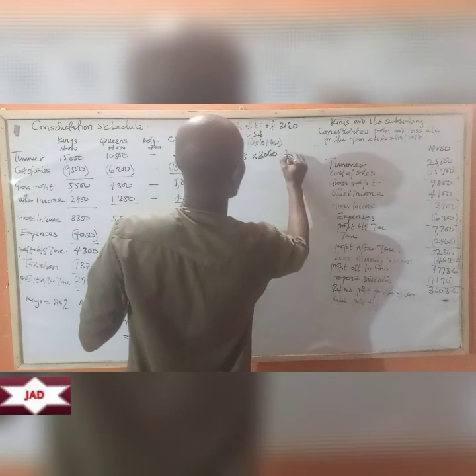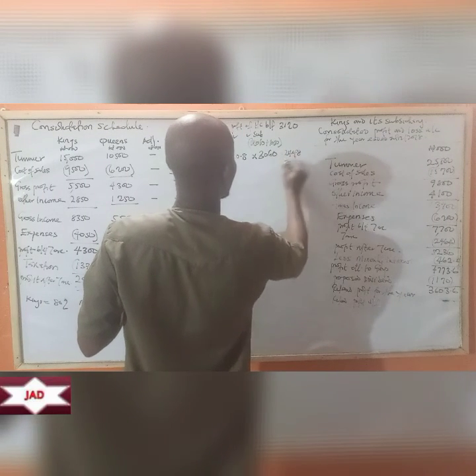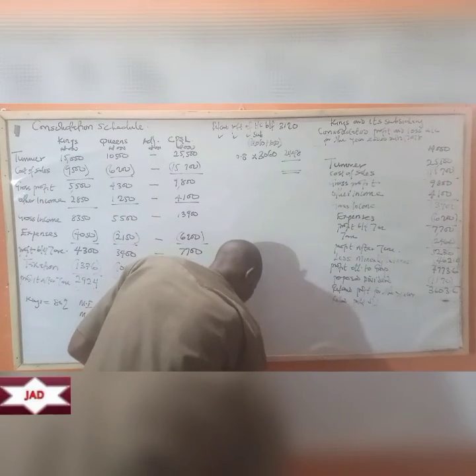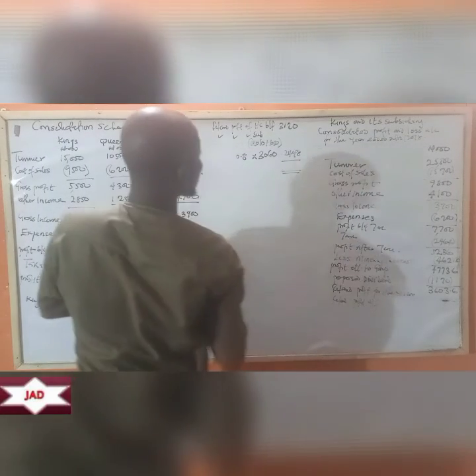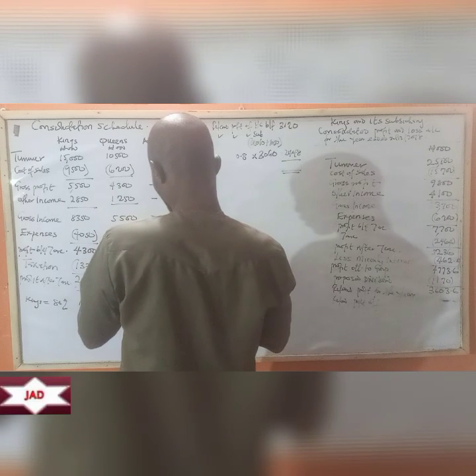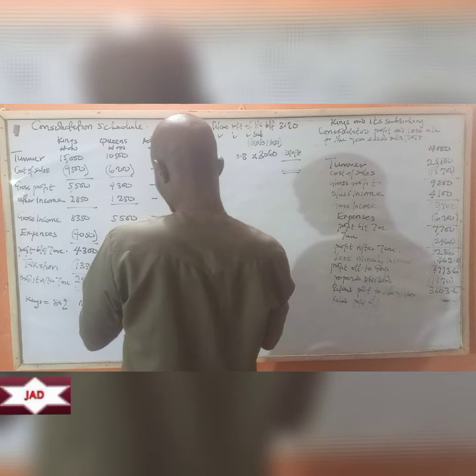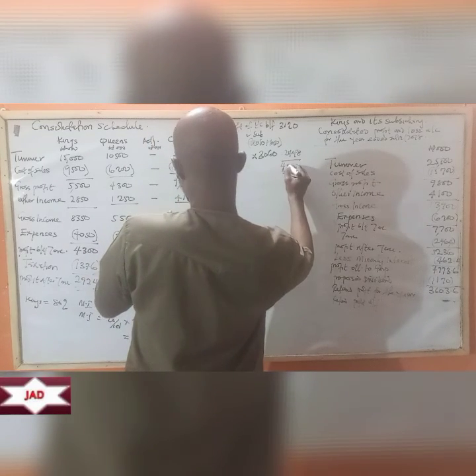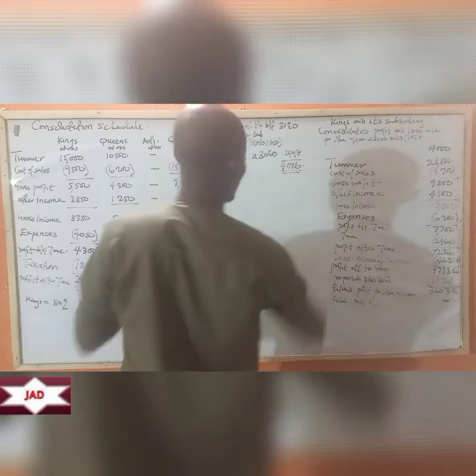So when you add this up, 3120 plus 2448, we have 4896.